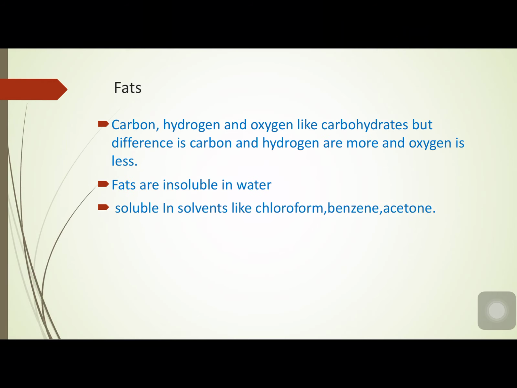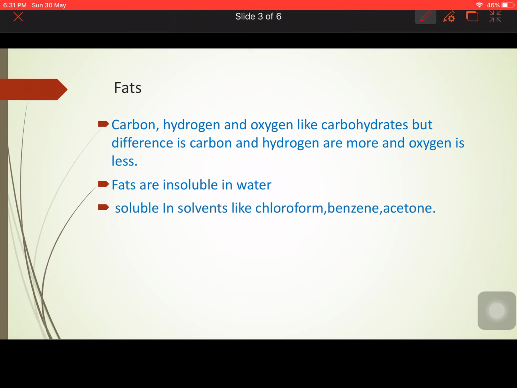Now what are fats? If you remember the previous post, we have already told that carbohydrates are compounds of carbon, hydrogen and oxygen. Fats are also compounds of carbon, hydrogen and oxygen like carbohydrates. But what is the difference here? Carbon and hydrogen are more in amount than oxygen.